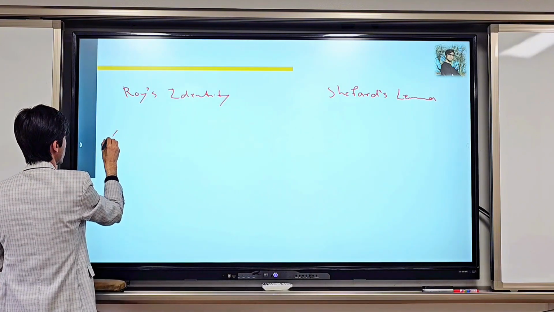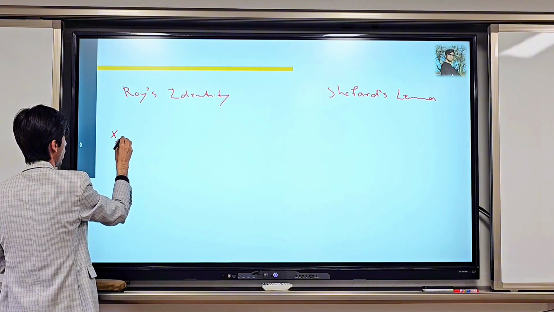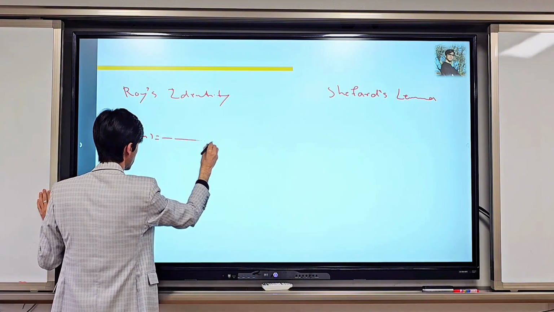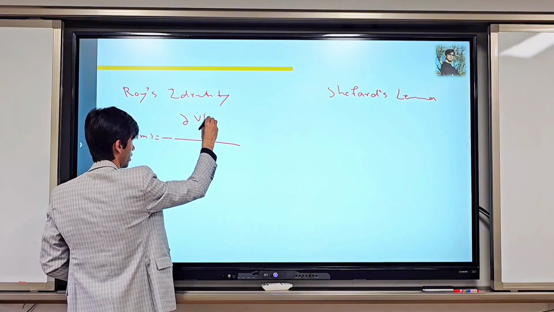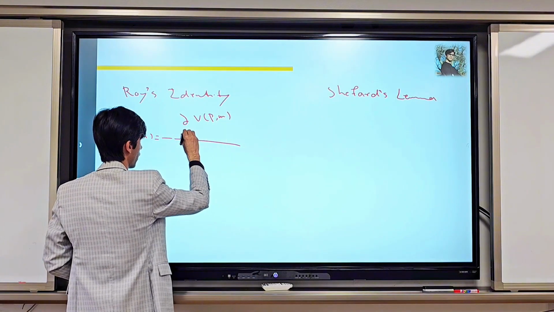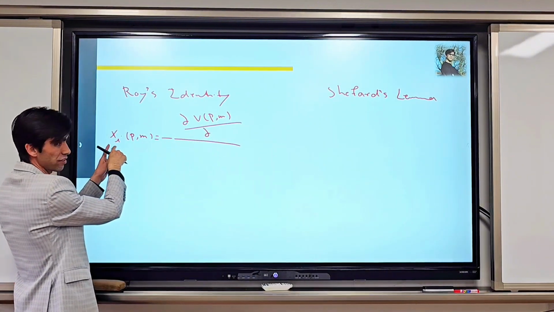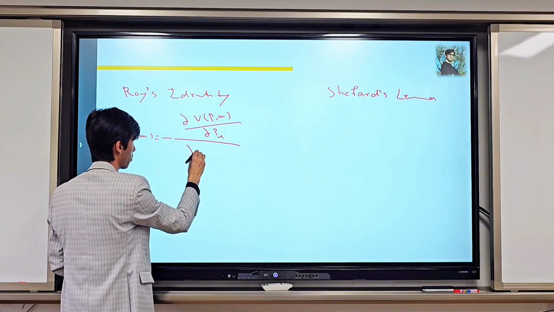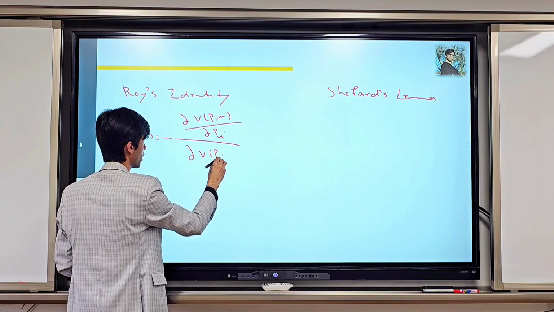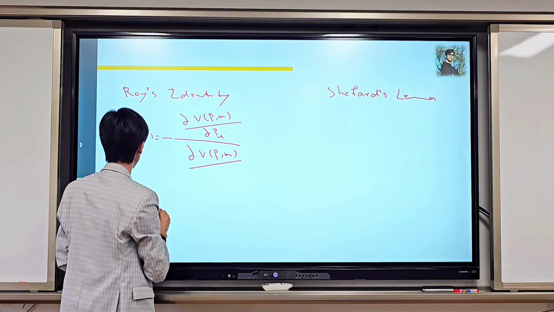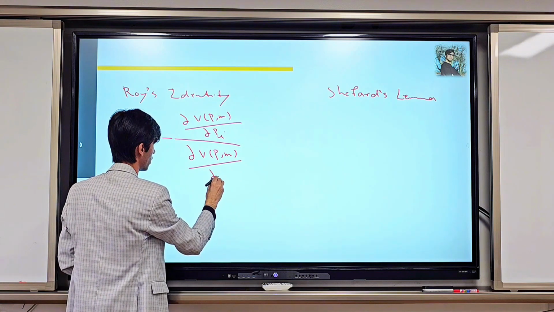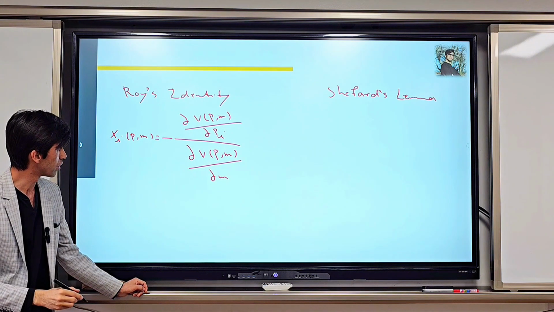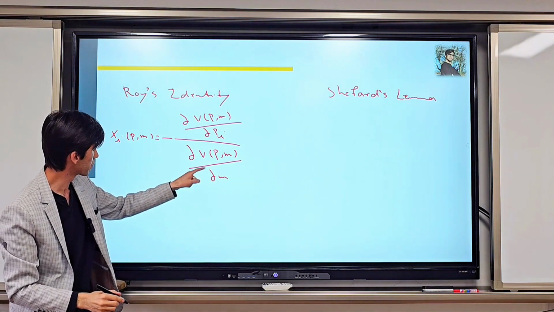Roy's identity is this one: x_i, for example, as a function of P and M, is equal to the partial derivative of the utility function with respect to the price of this good, which is P_i, divided by the partial derivative of the utility function with respect to income. Not V, right? Which one? This is V. This is M.